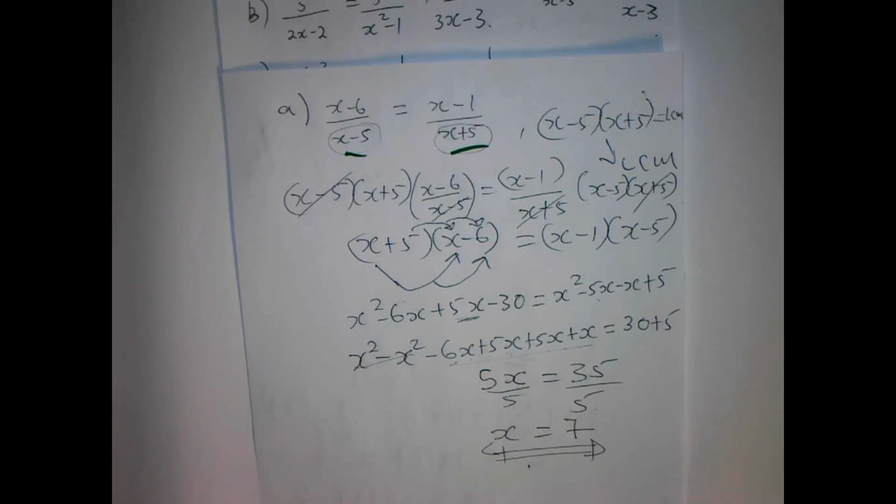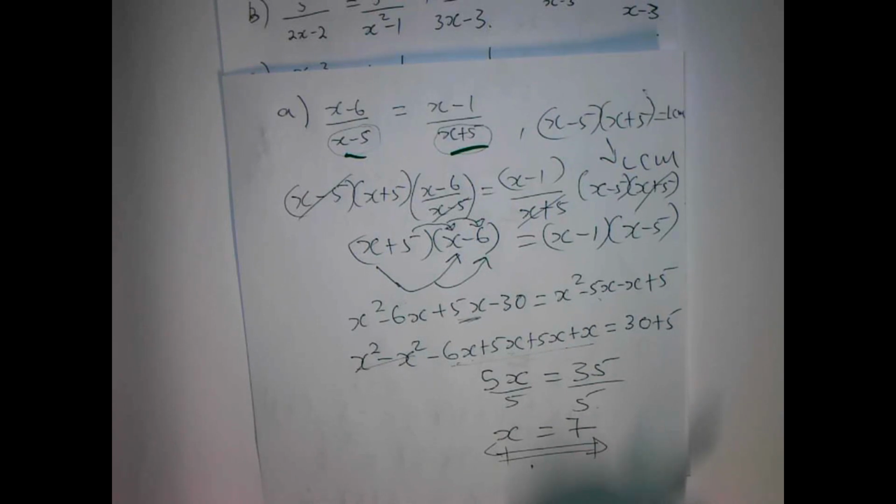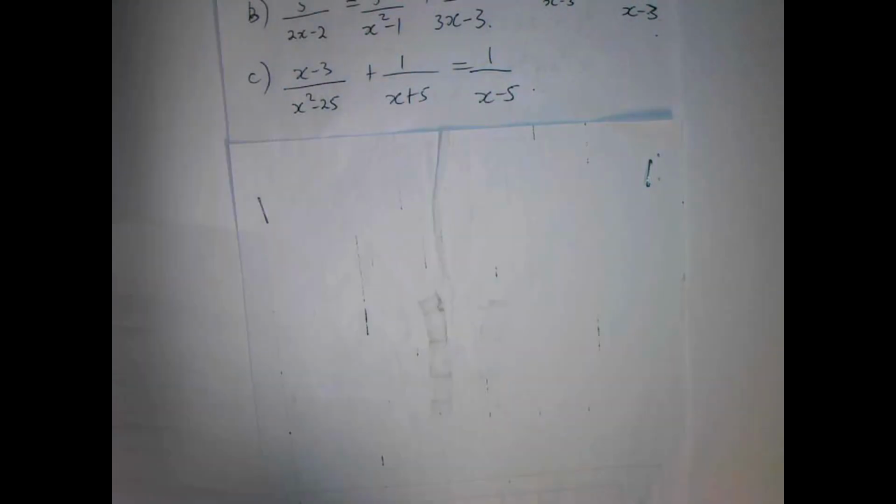So the trick behind solving rational equations is just to appreciate that you need to multiply, to remove the denominator by multiplying by the lowest common multiple of that denominator. That is a very key aspect. Lowest common multiple. Let me go through part B.